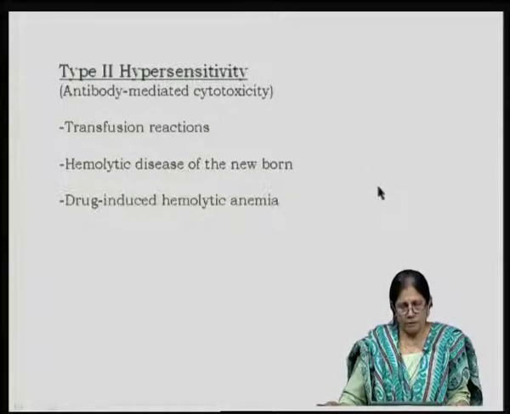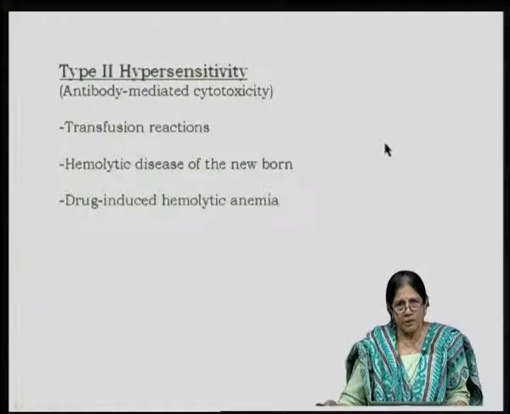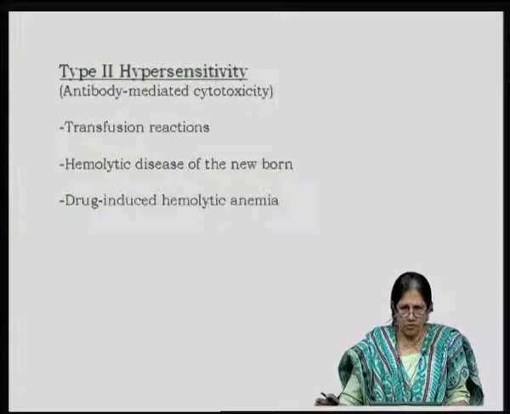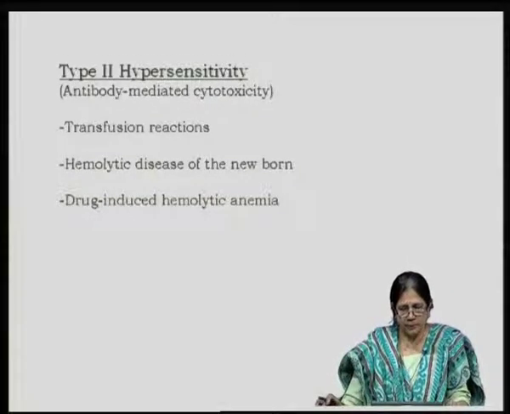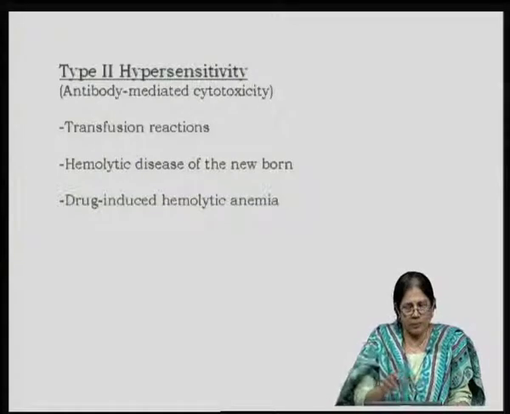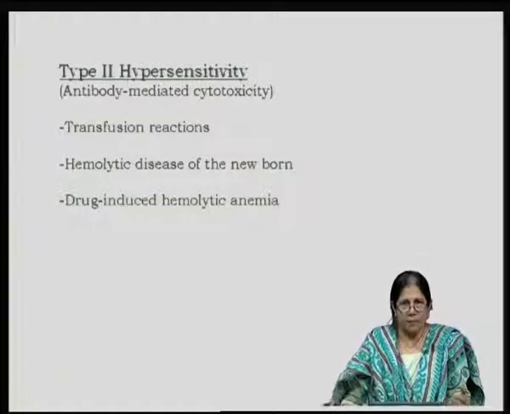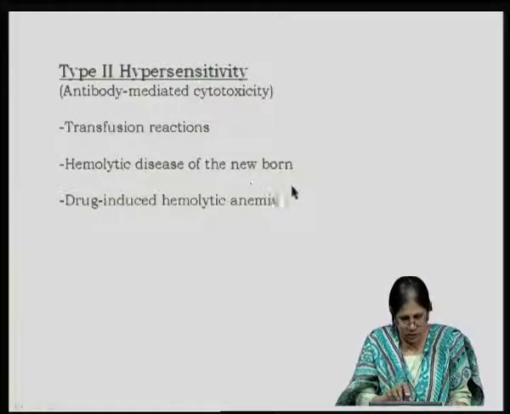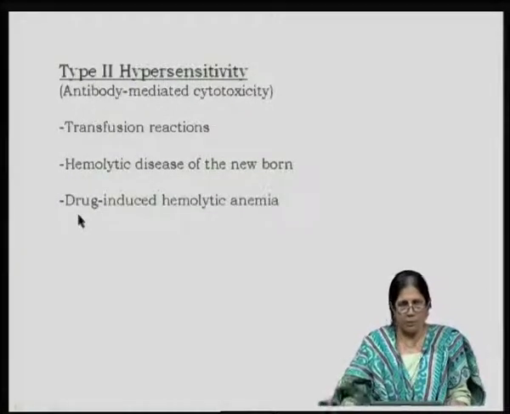Now, I had already mentioned that type 2 hypersensitivity is also antibody mediated, but this is not through IgE. So, let us look at what happens in type 2 hypersensitivity. Now, this is antibody mediated cytotoxicity, and the examples one can give are transfusion reactions, hemolytic disease of the newborn, drug-induced hemolytic anemia.